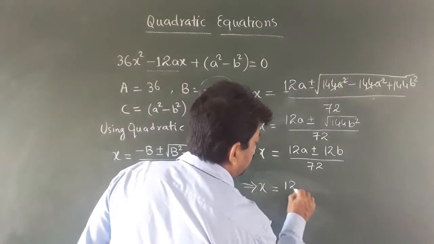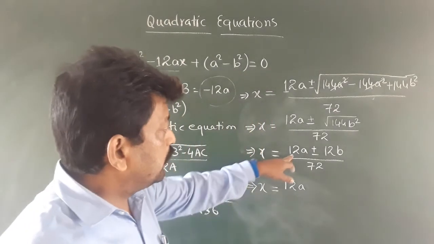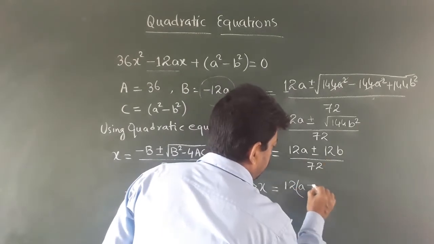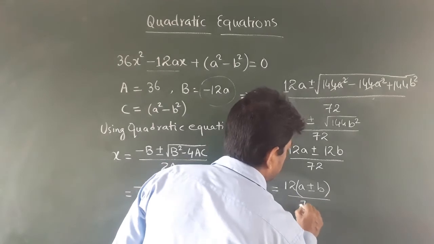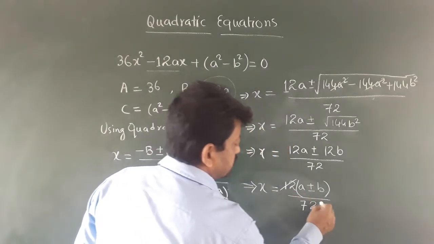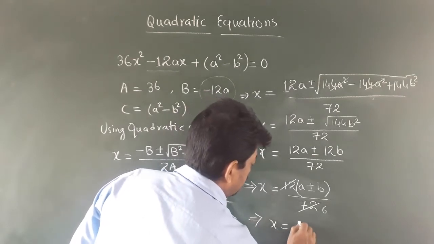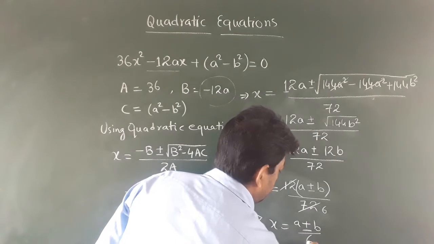This is 12a. Let me take 12 common from these two. So it is a plus minus b upon 72. So 12 into 6 is 72. Therefore, x is equals to a plus minus b upon 6.